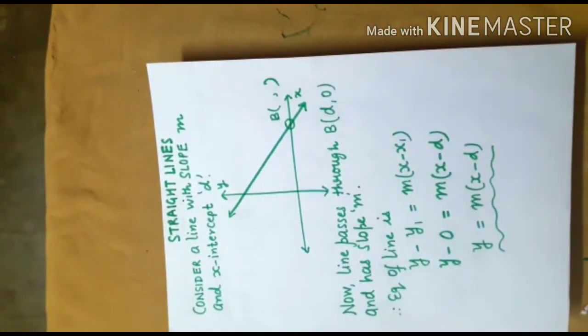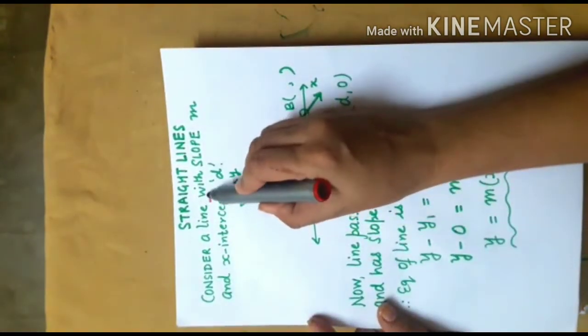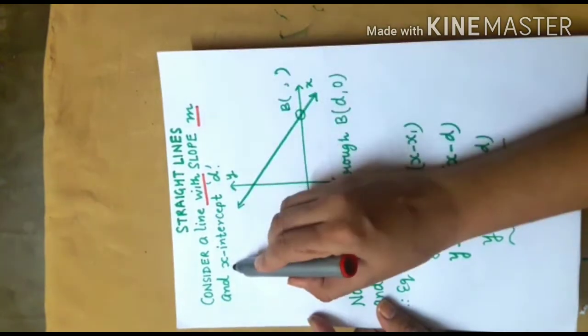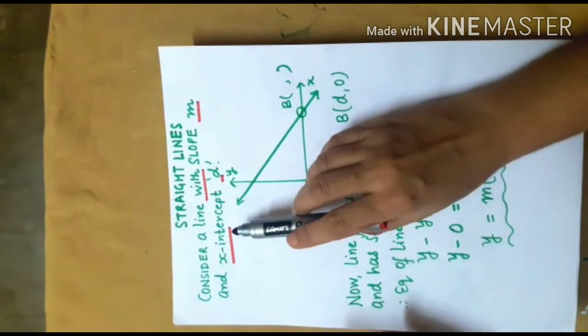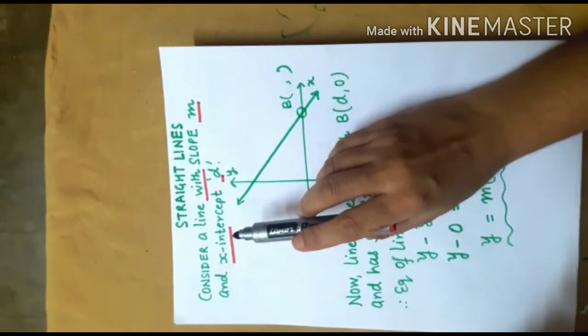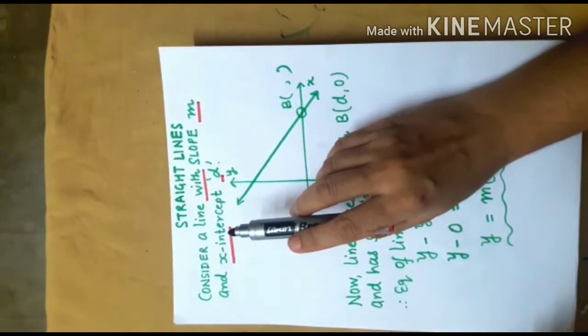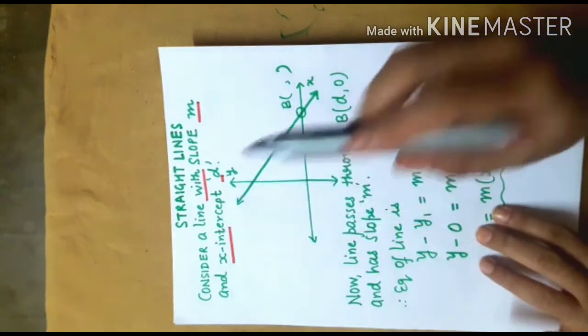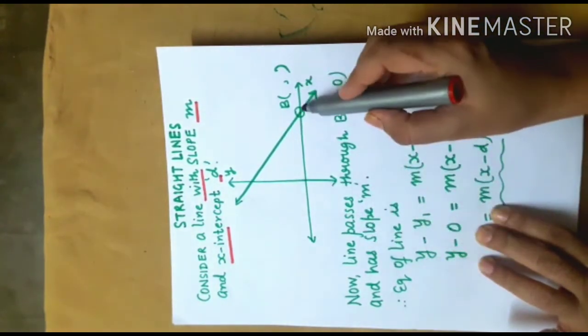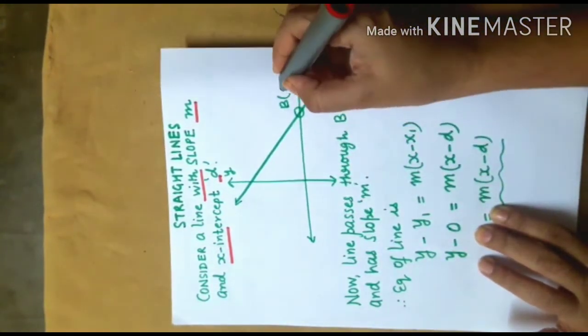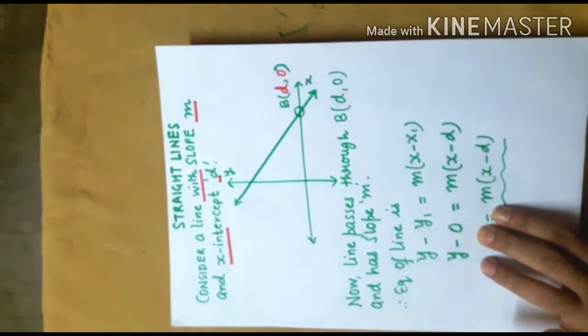Now let us consider the case when we are given the slope and the x-intercept of the line. Consider a line with slope m and x-intercept d. The x-intercept gives you the point where the line intersects the x-axis. So as the x-intercept is d, the line intersects the x-axis at the point (d, 0).